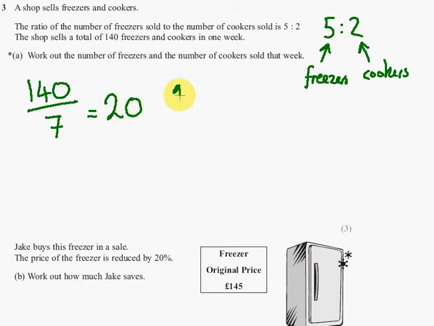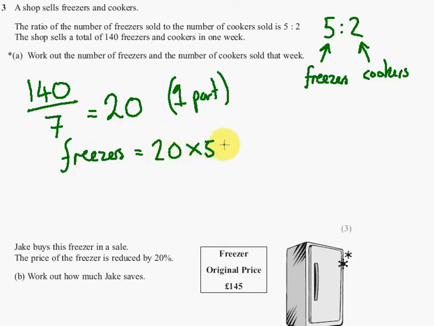Okay, this is 1 part. Now, if that's 1 part then, 2 parts are cookers and 5 parts are freezers. So let's do freezers first. Equals 20 times 5. So they sold 100 freezers.